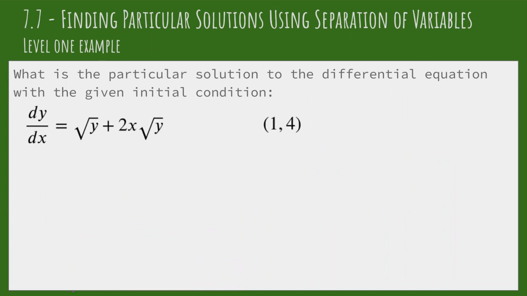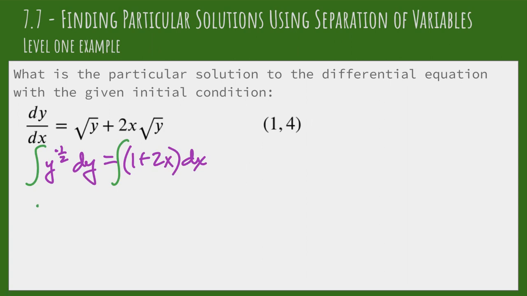All right, last example. Let's separate variables. If you remember, I factored out a square root of y and then divided both sides by the square root of y. So that's where the y to the negative 1/2 comes from. Take the antiderivative on both sides.